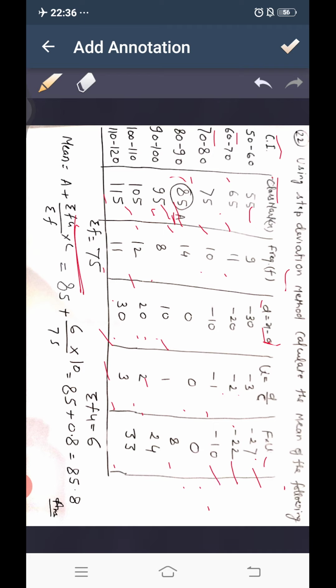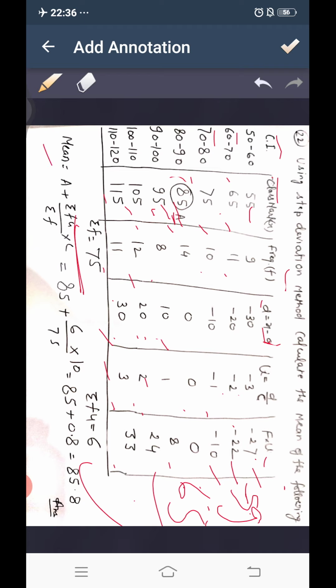And here we are getting 8, 8 and 24, 32, and 33, that is plus 65, positive ones we are getting 65. So 65 minus 59, that is plus 6. So sigma fu equal to plus 6.